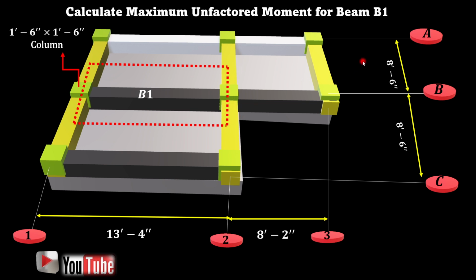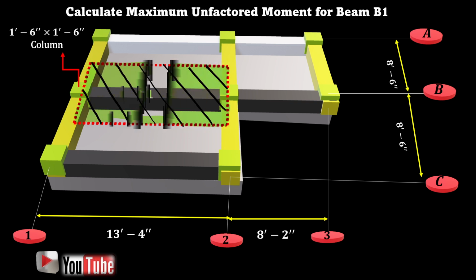Because the distances are identical to each other, this part is 8 feet 6 inches, or 8.5 feet in this direction, and 13 feet 4 inches, which is almost 13.33 feet. So this is our attributed area for beam B1, and we need that for our calculation of load and moment.